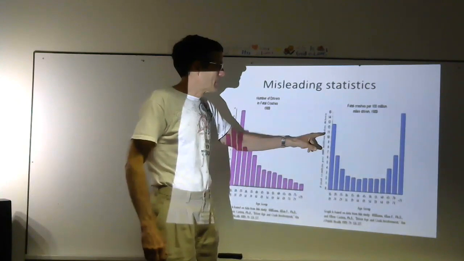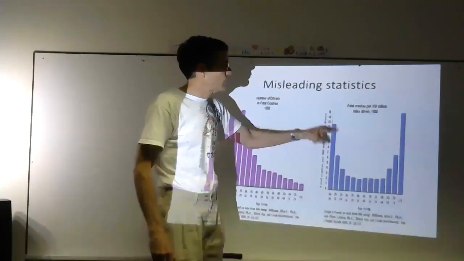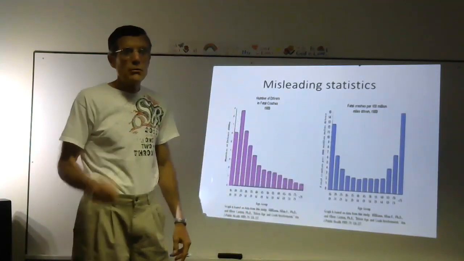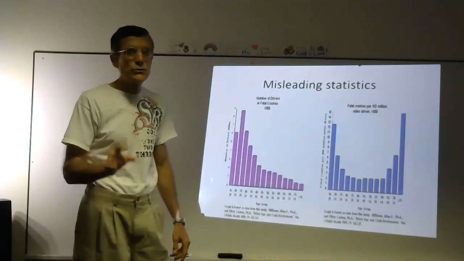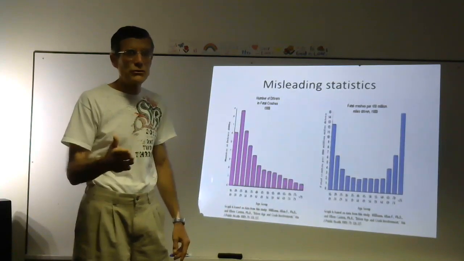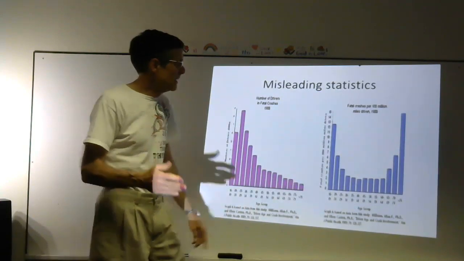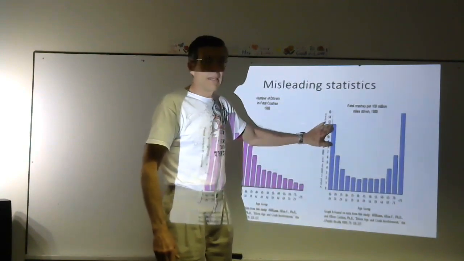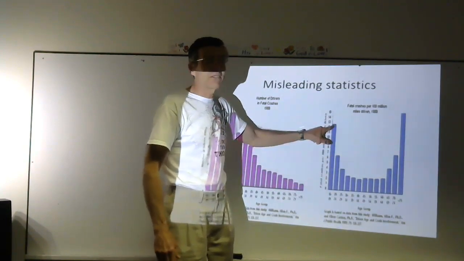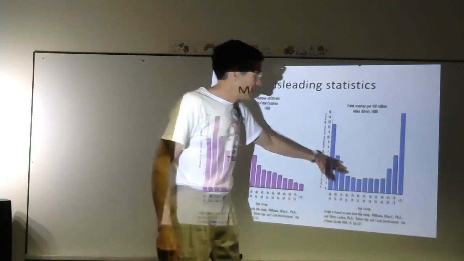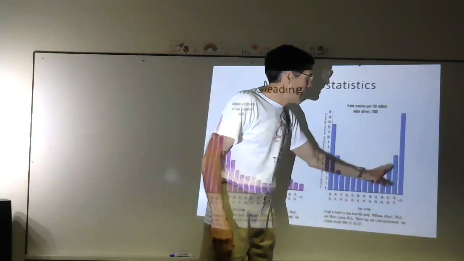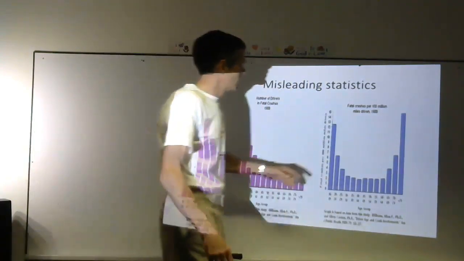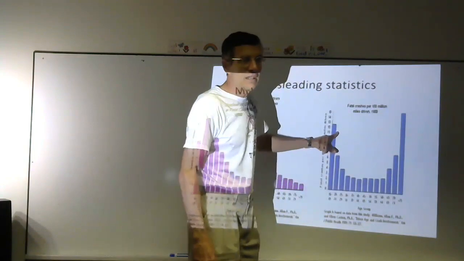Check this out. This is the fatal crashes per 100 million miles driven, depending on the miles you drive, okay? Sure, teenagers still are a member of a higher class, true. But look what happens when you go by miles driven. It's us old guys that's even higher than the teenagers.